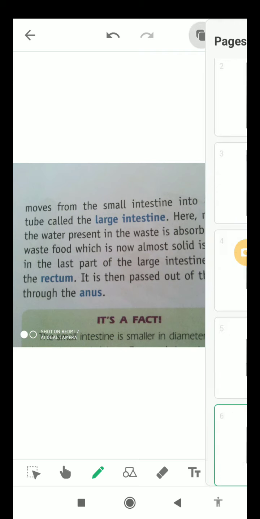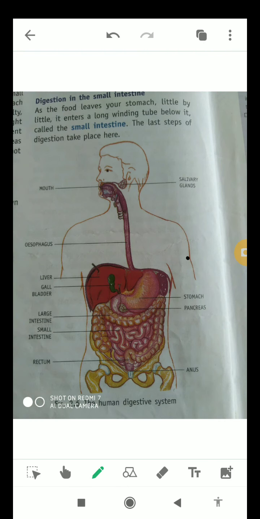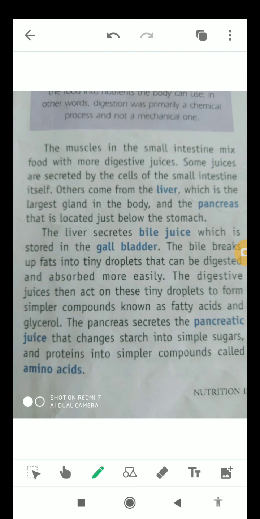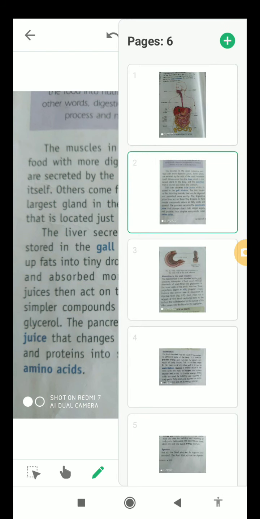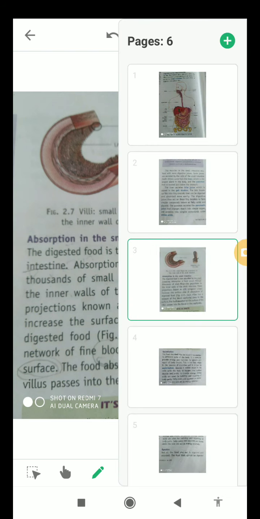In short, students, I would like to recap the whole video: the small intestine is the part in which almost the complete digestion of our food takes place, and it is the last step also, we can say. Apart from this, the processes of absorption and assimilation take place here itself.